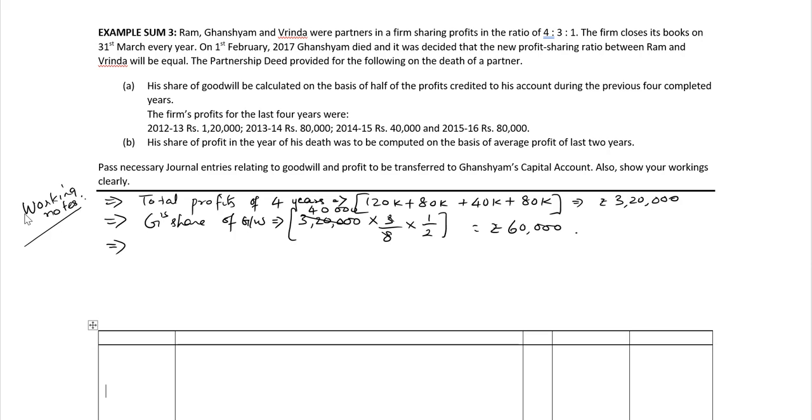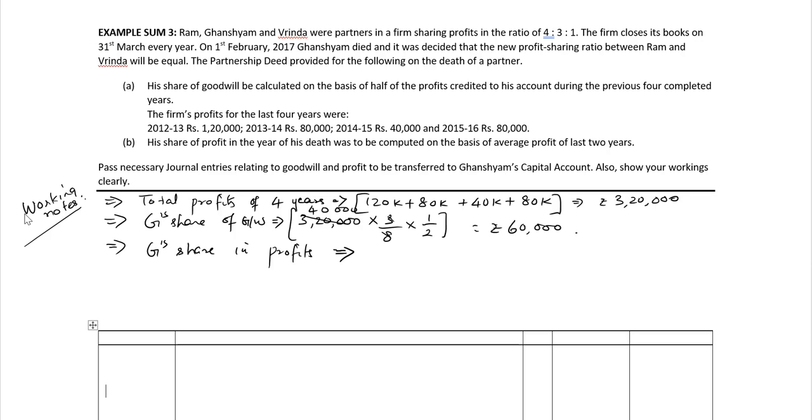Next, let's calculate Ghanshyam's share in the profits. We need to first take the average profits of the last 2 years, which is 80,000 and 40,000 for 2015-16 and 2014-15.